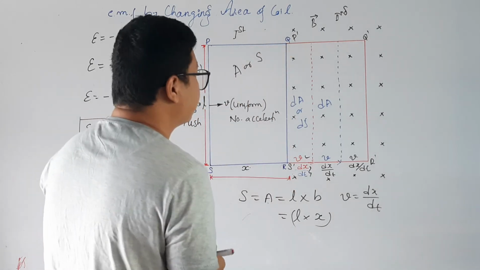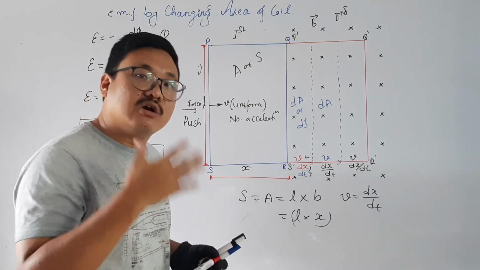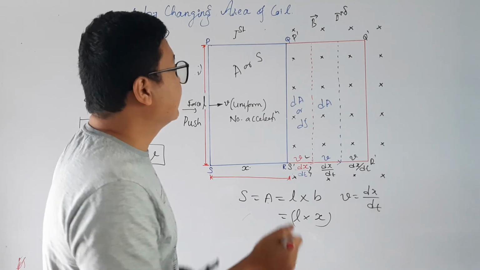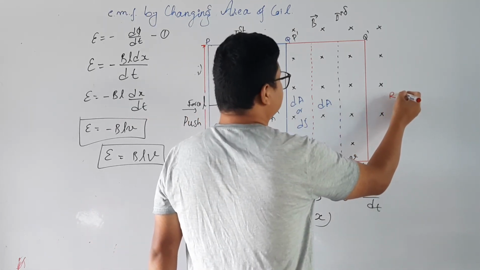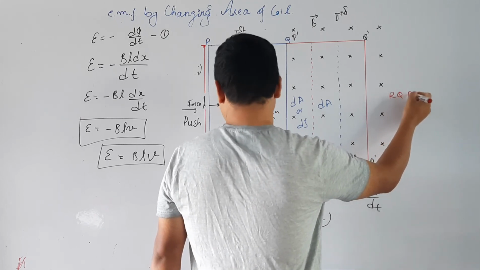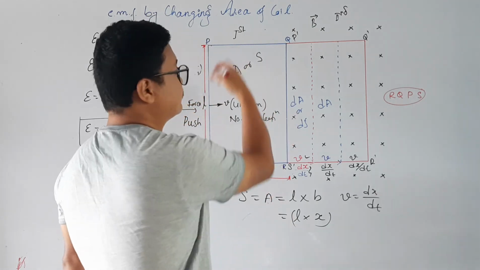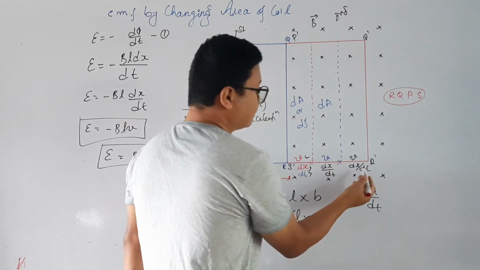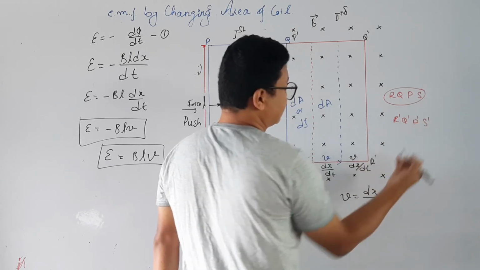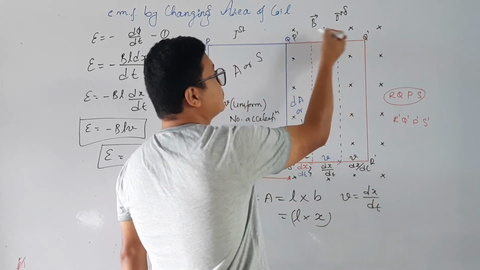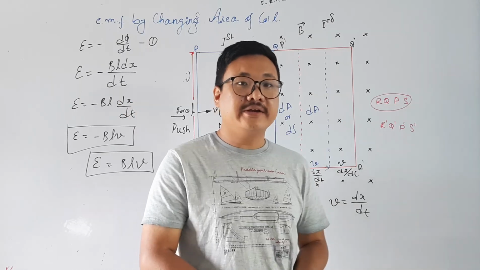So the direction of current is determined by using Fleming's right hand rule or Lenz's law, and the direction of current is from R to Q, Q to P, P to S. Or you can also write it as R dash to Q dash, Q dash to P dash, P dash to S dash, both are the same.